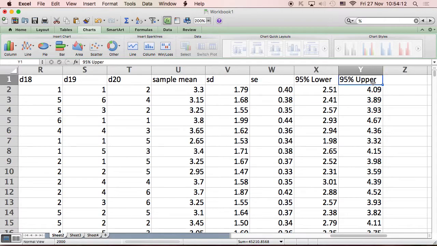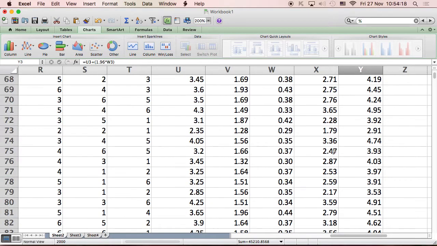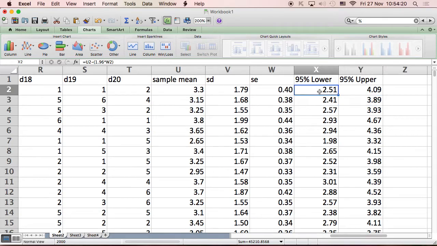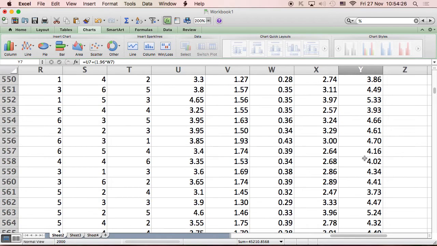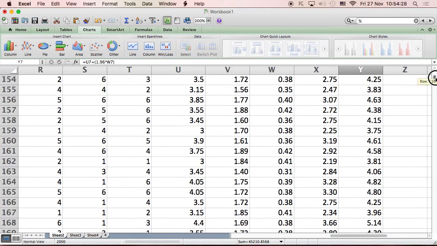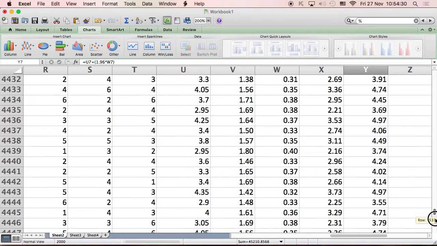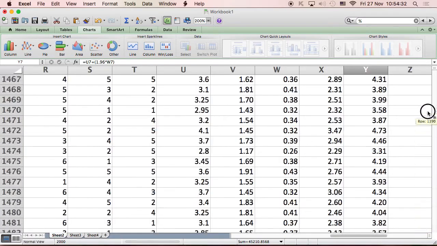What does it mean by most of them? It actually means 95% of those confidence intervals will include 3.5, your population mean.